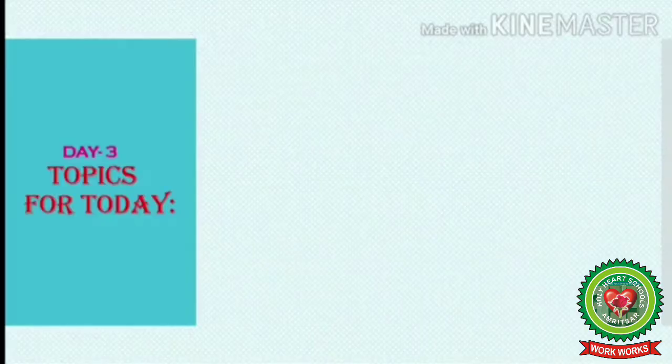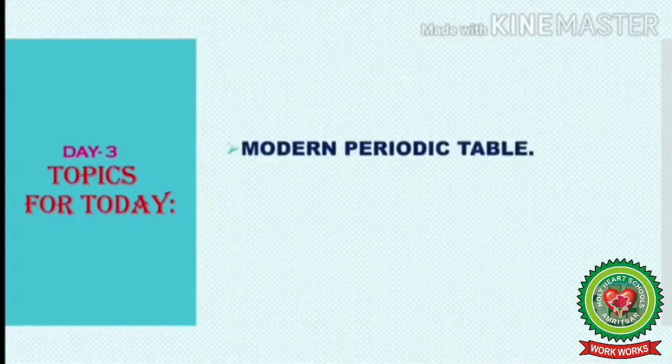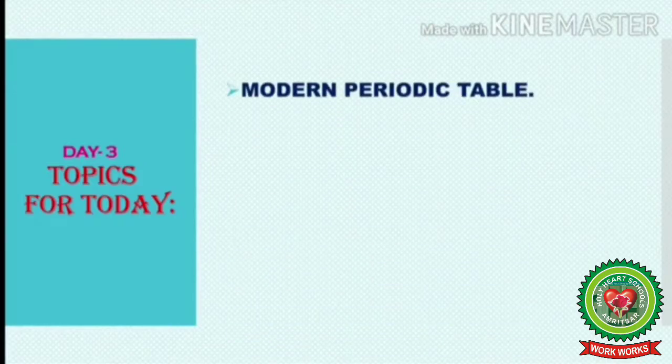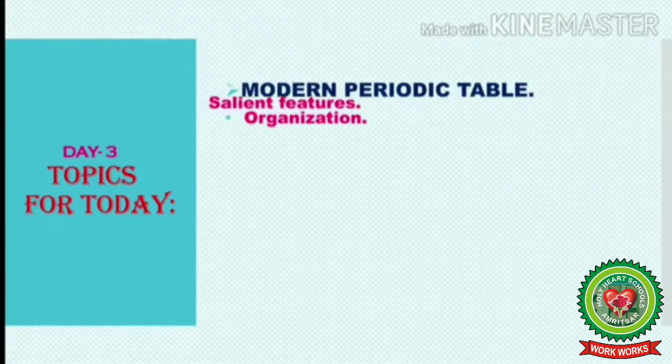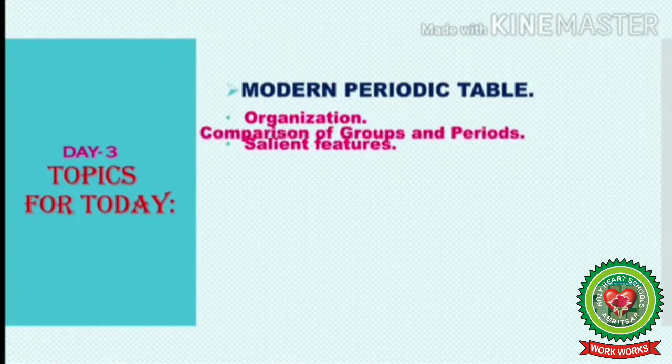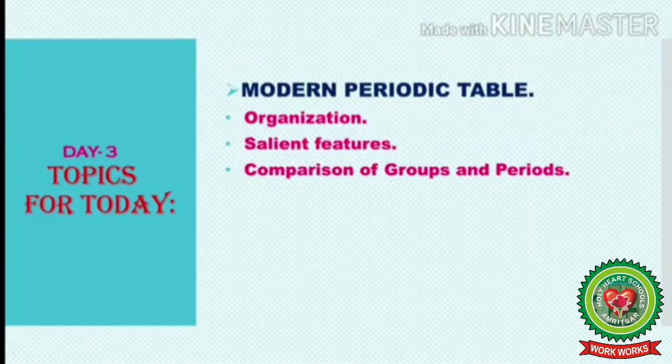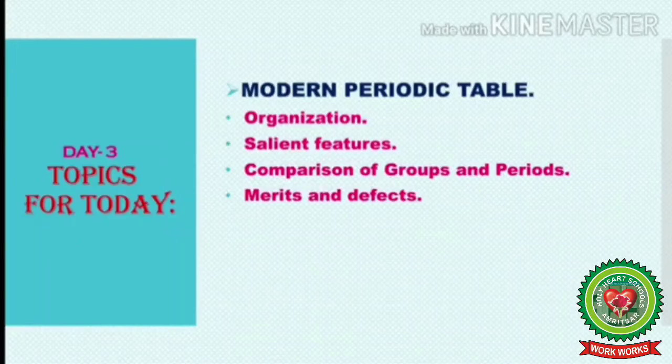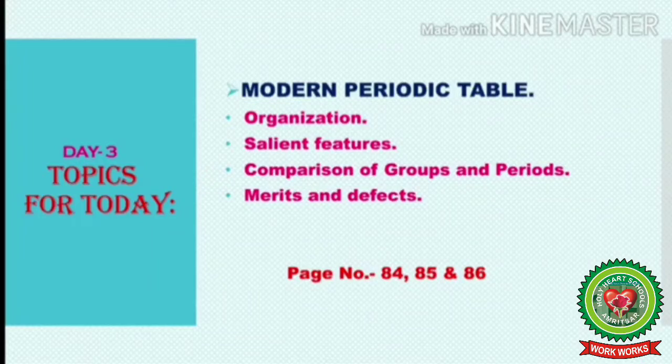The topics we will be covering today are modern periodic law, its organization, its salient features, comparison of groups and periods, merits and defects of the modern periodic table, from page numbers 84, 85 and 86 of your concise chemistry book.